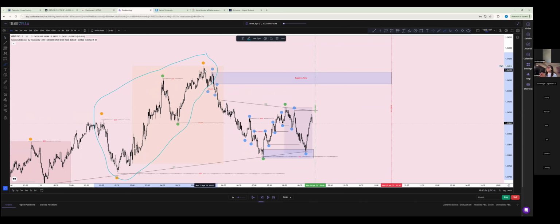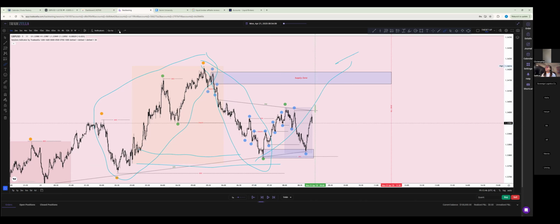That's where everything began from. This right here is simply the retracement to come mitigate or take out liquidity for price to supposedly come and continue this way. That's what we're supposed to be expecting to see.